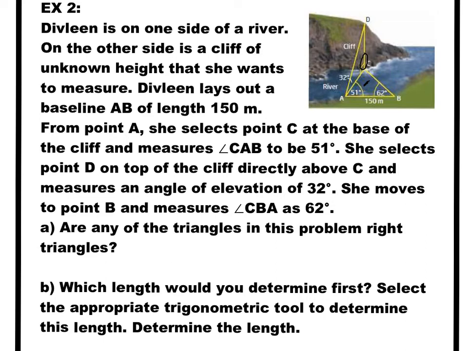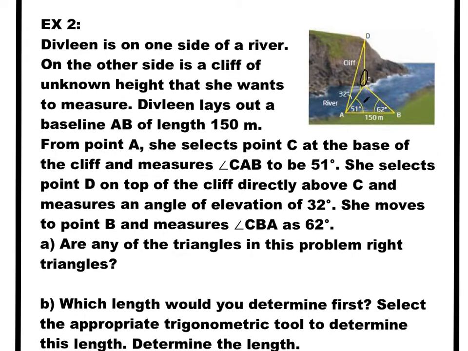To prove that it is not, add 51 and 62. You get 113. If you subtract it from 180, you get the third angle, angle ACB, which is going to be less than 90 degrees. So ACB is not a right triangle. So the only right triangle is ACD.